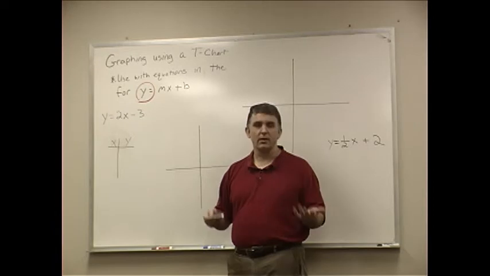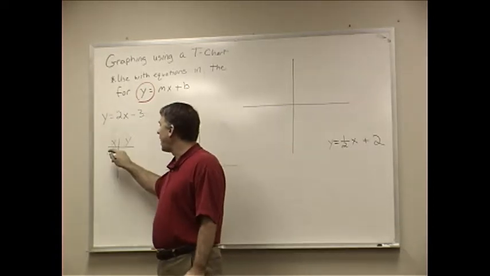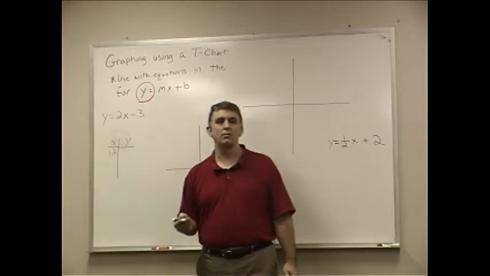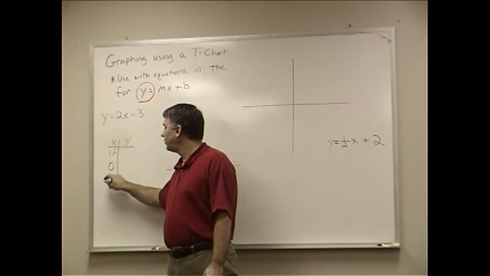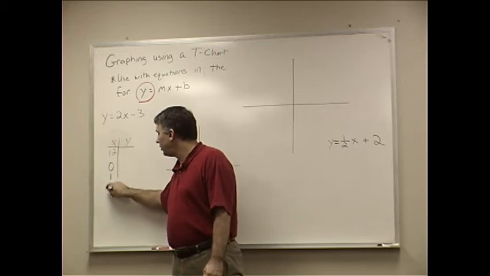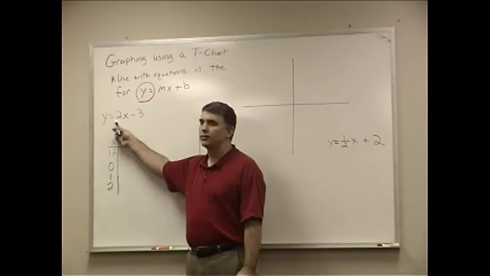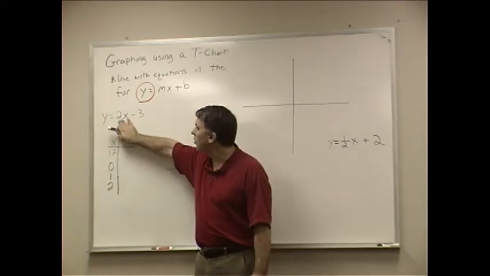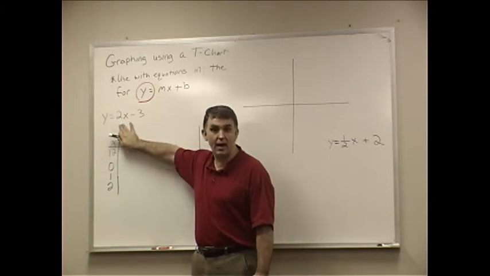So I could say, pick some numbers, and a student might say something like 12. So you could pick 12. And the ones that I always pick are 0, 1, and 2 when the equations look like this, when it's just a whole number here, like 2x, or 3x, or 5x, or even x.